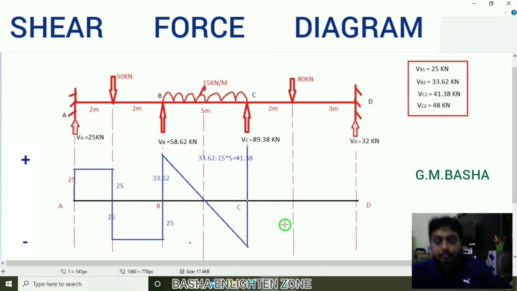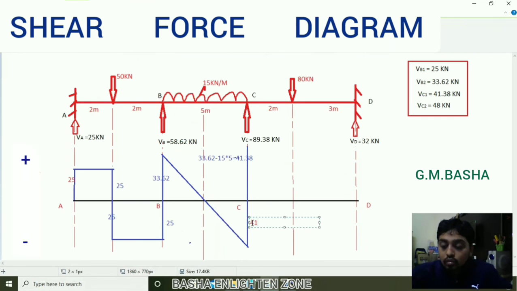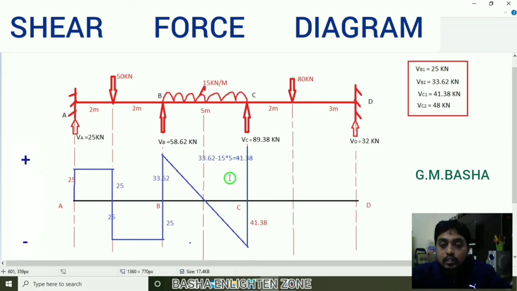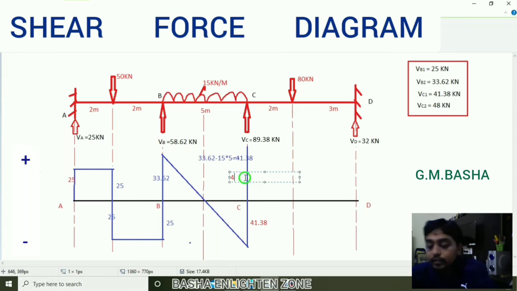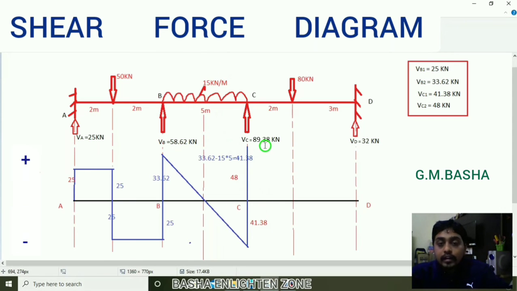See here, this VC1 up to here will be equal to 41.38 kilonewton, and this particular line will be equal to 48. So if you add these two, you will get 89.38.